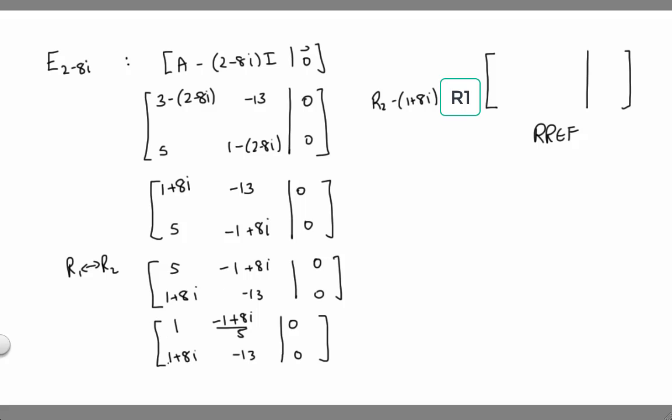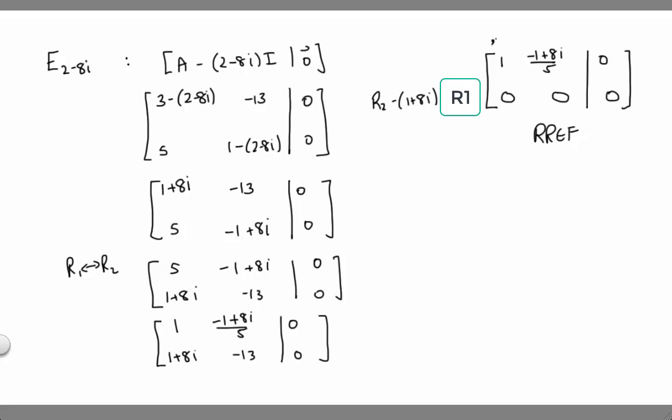So row 2 minus (1 plus 8i) times row 1, that's going to be 0. And this part here also going to have to be a 0 because we know this number that we're working with is an eigenvalue. So we know we're going to have non-trivial solutions to that system. That tells us this is just going to be a 0 row. So there is the RREF, and then we can go through the solution process.